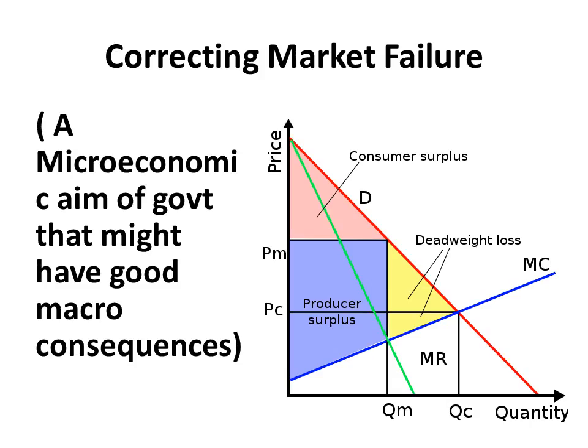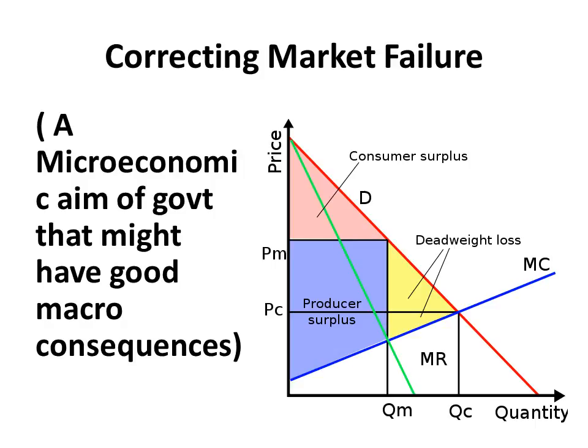A final objective of government, and this really isn't a macroeconomic one, is that you might have a lot of government policy that's aimed at making the microeconomy work better. In other words, ways in which markets can be made to work better through government policy. If a market isn't working well on its own, through the invisible hand, that's known as a market failure. So one area of government policy might be correcting market failure.